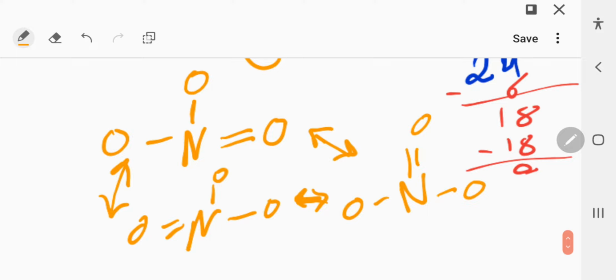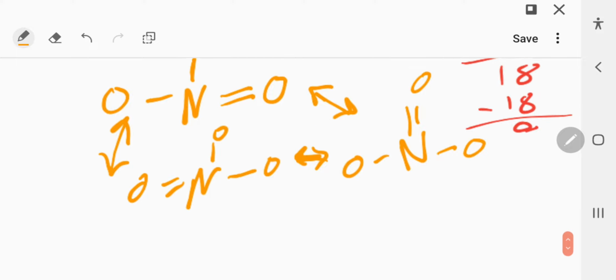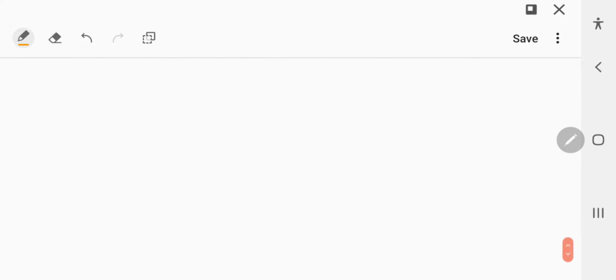Okay guys, so this is how we solve it. And remember that we have double bond and triple bond and single bond.